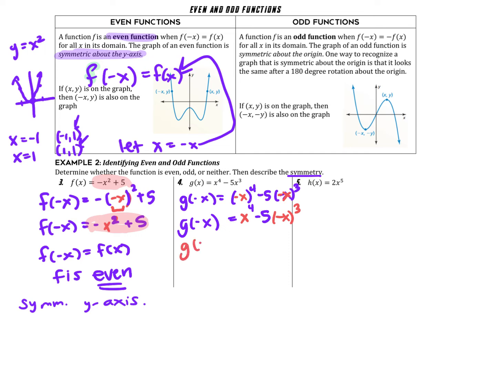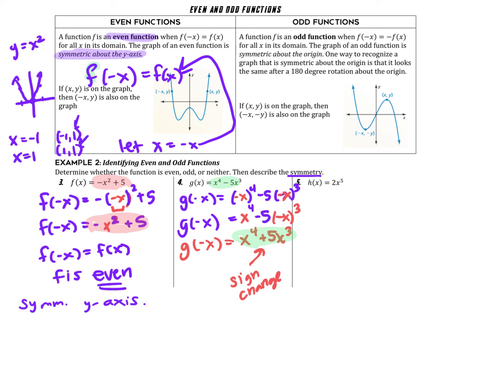So this is going to be g of -x equals x to the 4th plus 5x to the 3rd. The sign is going to change. So the key thing here is this sign changed. So it's not exactly the same as the original function. This is not exactly the same as this. So number 4 is not even.